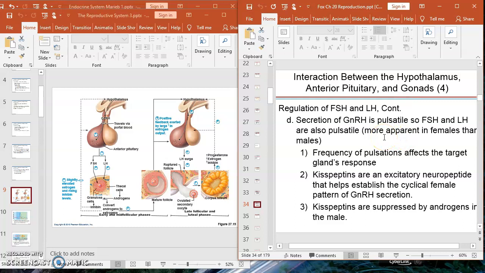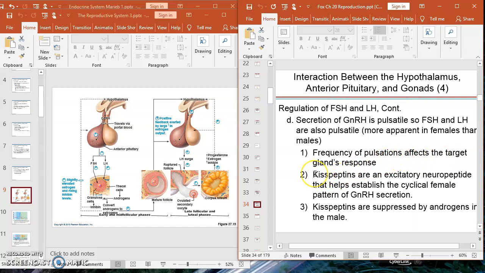It is present in both, but it's more apparent in females than males. Of course, males keep a constant level of their FSH and LH, whereas females have a cyclical nature, the menstrual period and other things we'll talk about. So the frequency of pulsations affects the target organ's response.